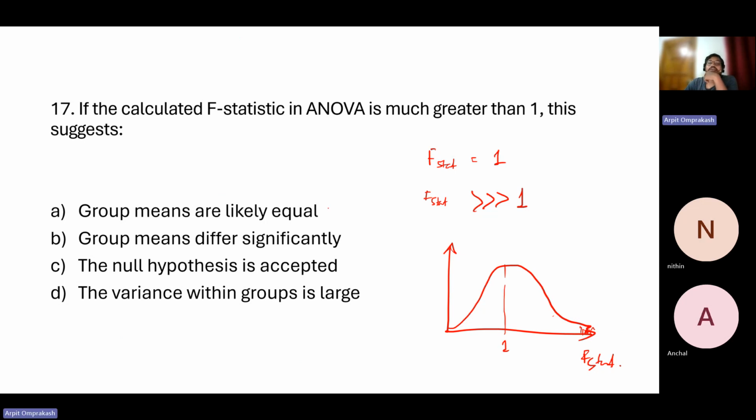So group means are likely equal. This will be false because we are going towards the edge of the distribution.